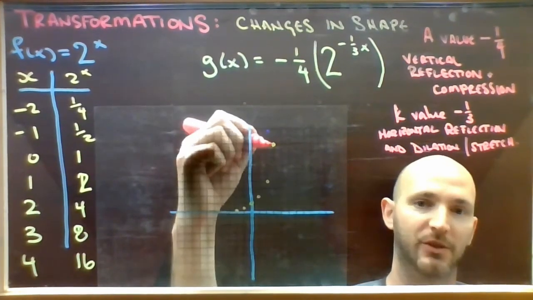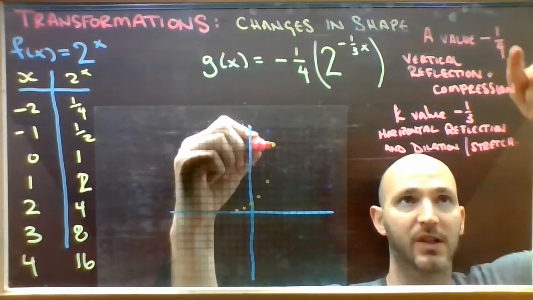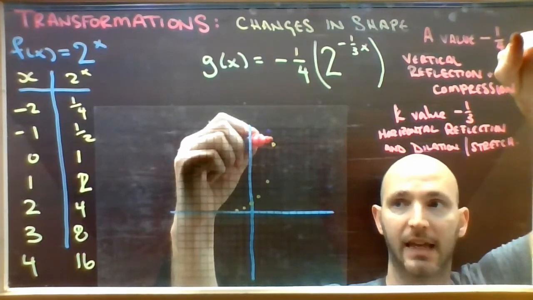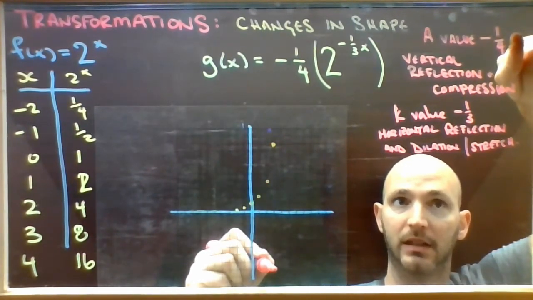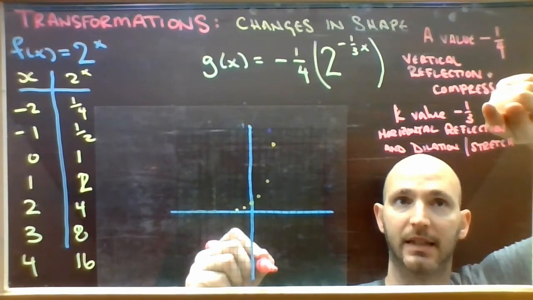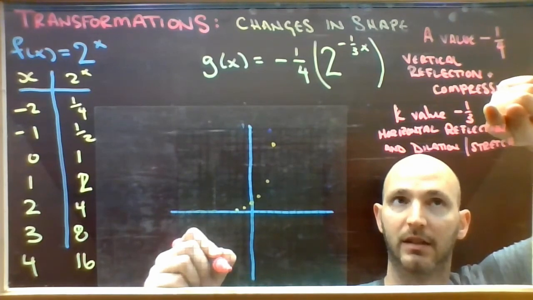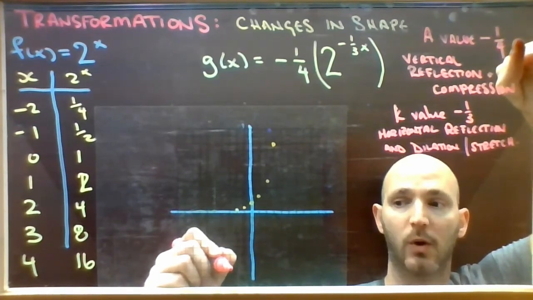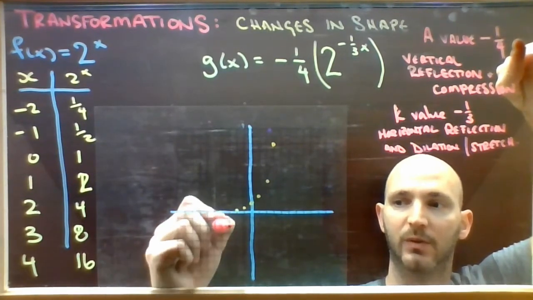Start with this one, just because it's up and in the way. So this dot, first off, I have to reflect it in A. That would put it here. Then I have to reflect it in K, which would put it here. Then I have to make it 1/4 of what its normal height was. It used to be 8, so now it's only 2.